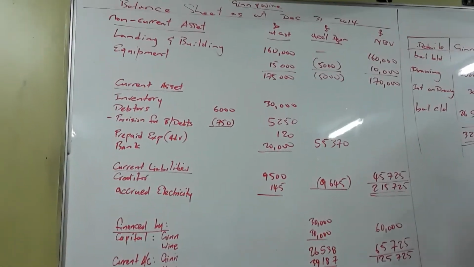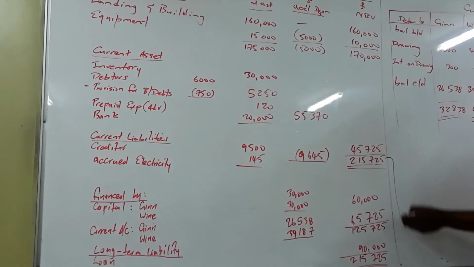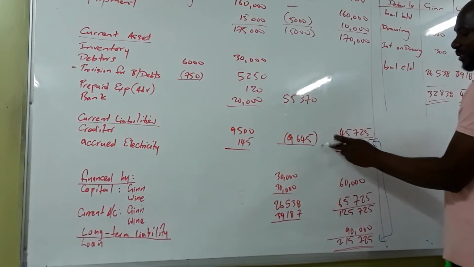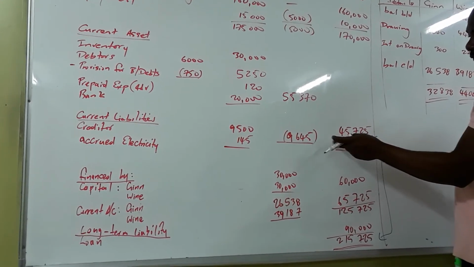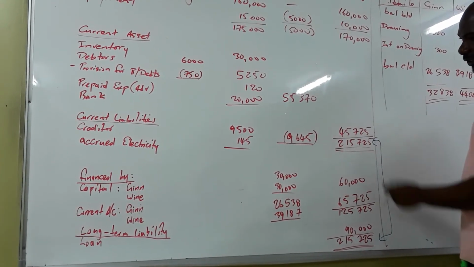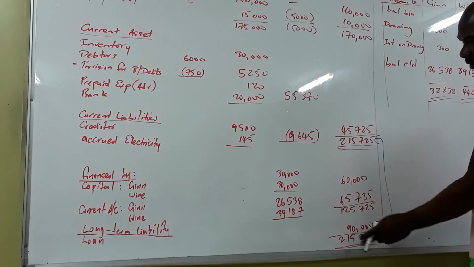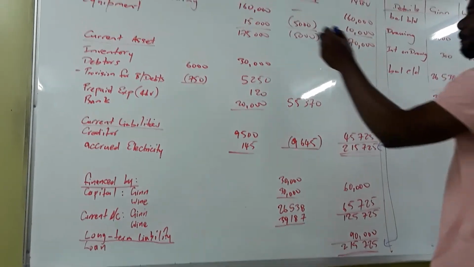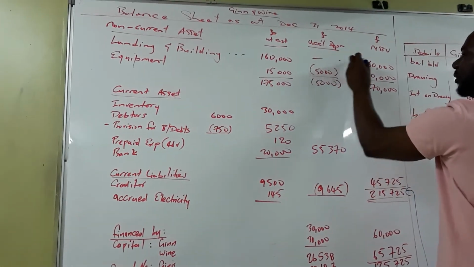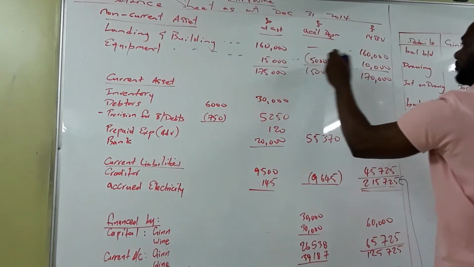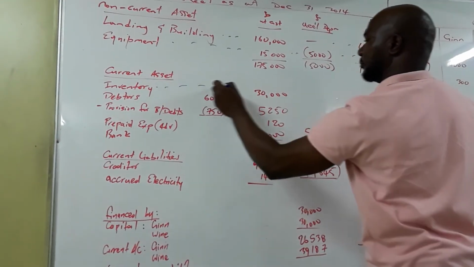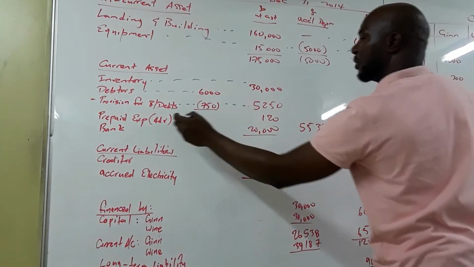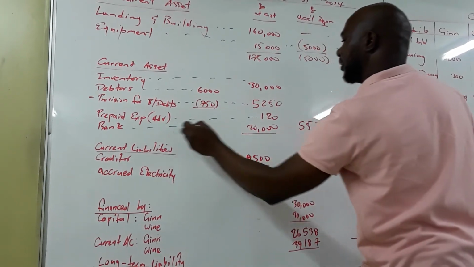So this figure, which is known as your total asset in the balance sheet, comes back to the balance in your financed by section of the balance sheet. Just trying to match the words and figures.